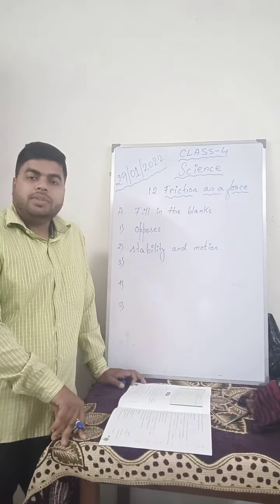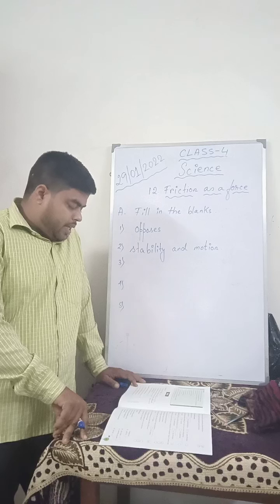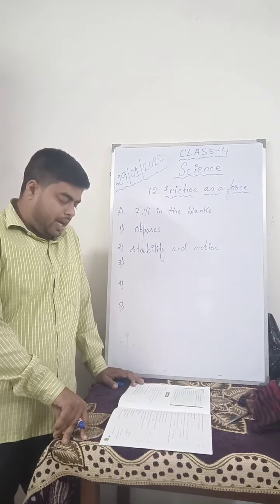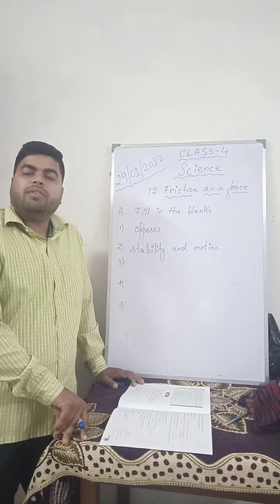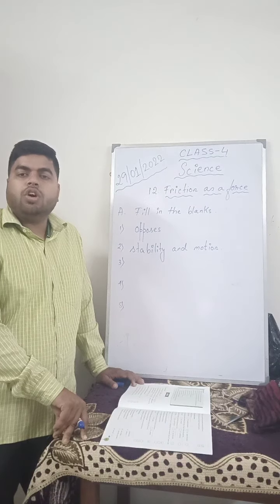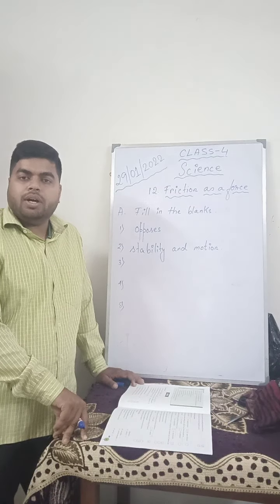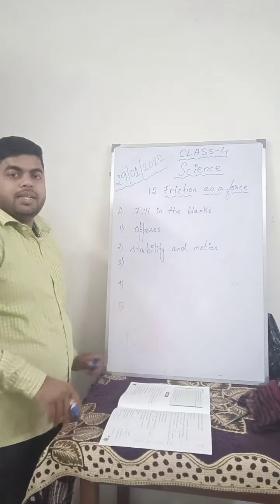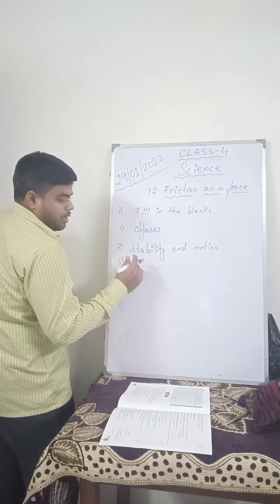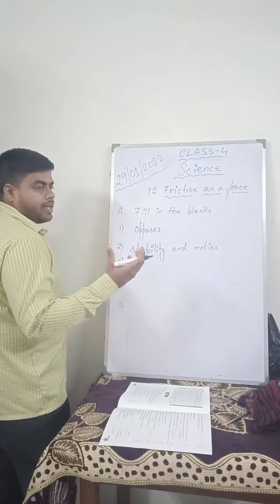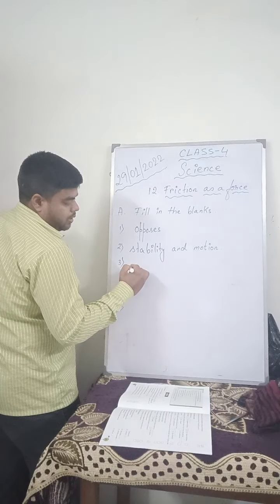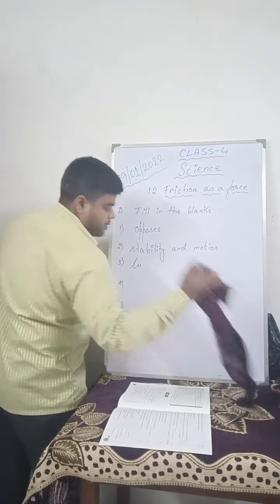Number 3. Materials like oil and grease used to reduce friction are called. So the materials that are used to reduce friction, like oil, grease, mobile oil and all, are known as lubricants.